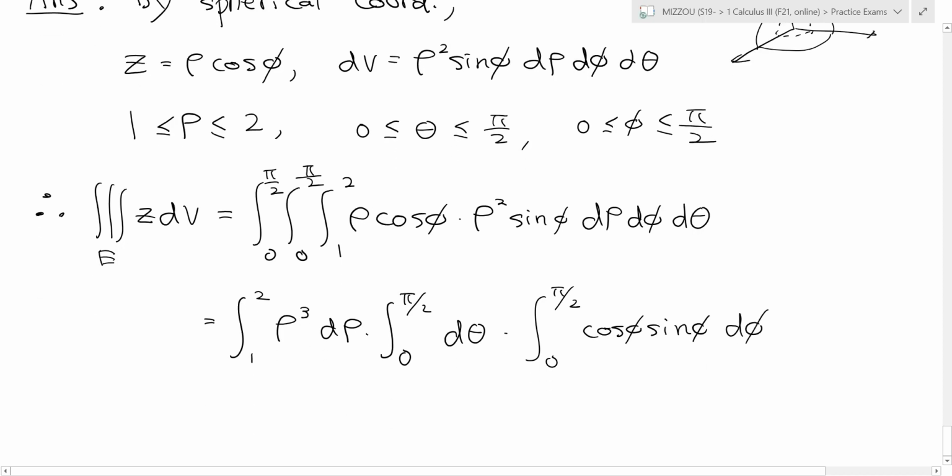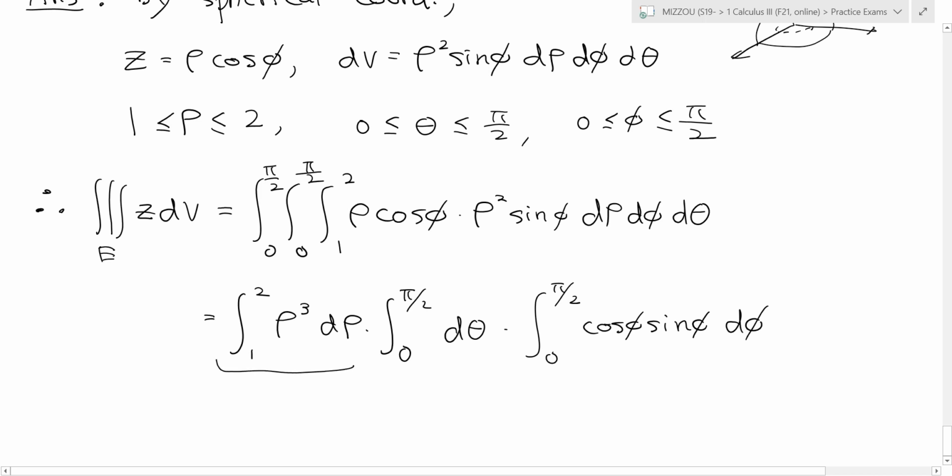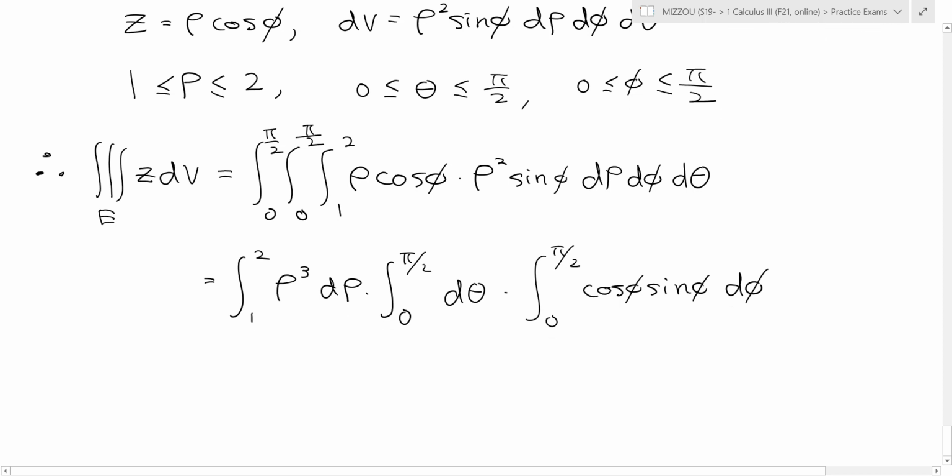All right, and if you work this out, so this is the integral. Calculus 1, you know how to integrate this, and this one, it's your exercise. In any case, if you carry out the integration, you get this. So that's the answer.